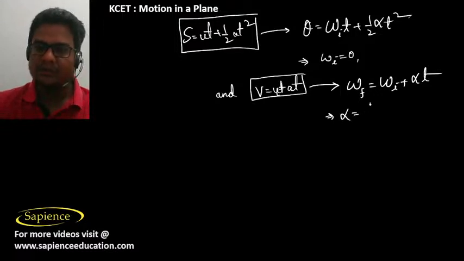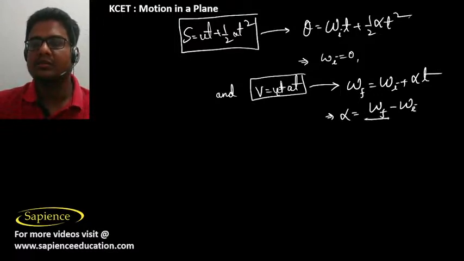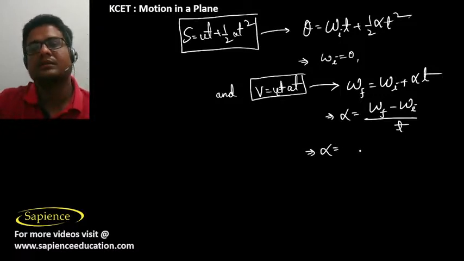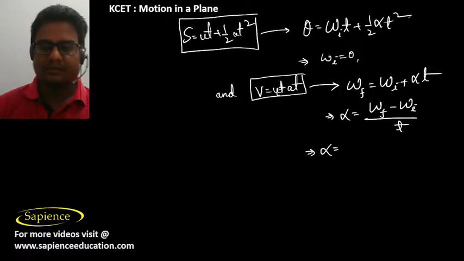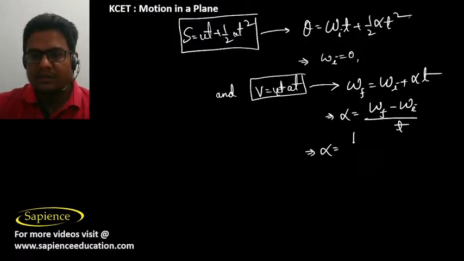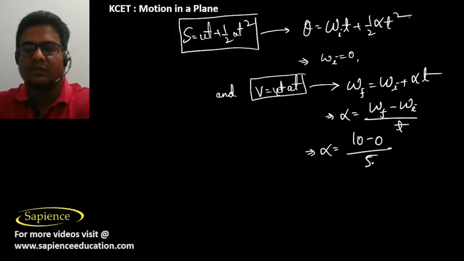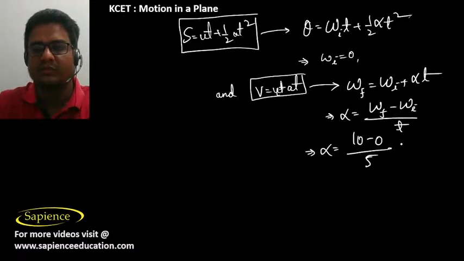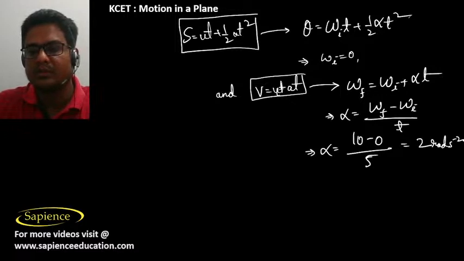So alpha will be omega final minus omega initial by t, which is 10 minus 0 by 5, since it is told uniformly accelerated for 5 seconds. So therefore alpha is 2 radian per second square.